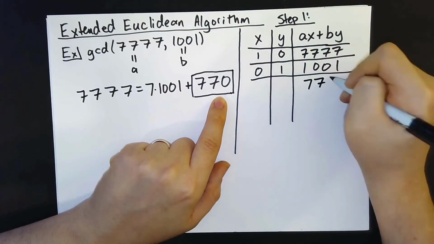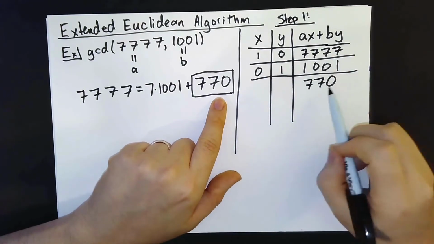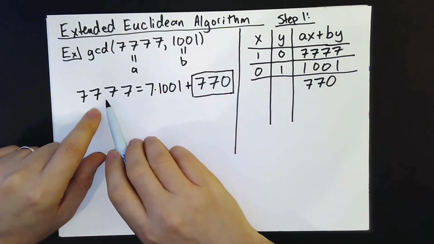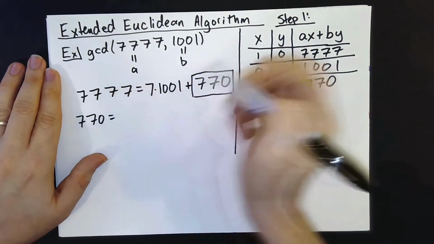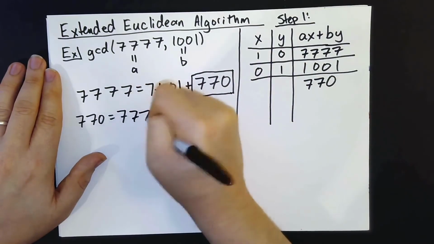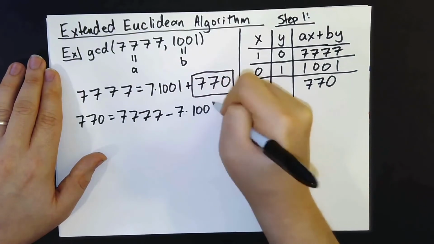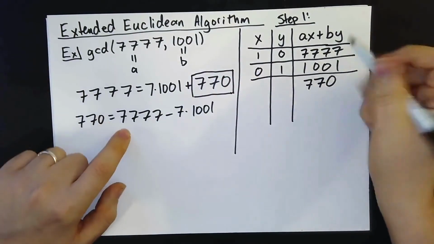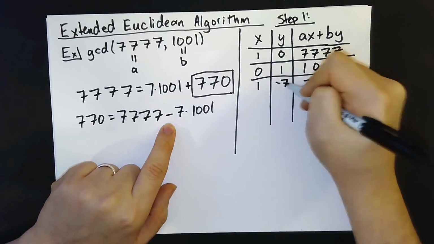But I'm also going to figure out what this number is in terms of x and y. And that's not so tricky because, well, 770 is, this literally tells me 7,777 minus 7 times 1,001. So that is to say, this is 1 times a minus 7 times b.